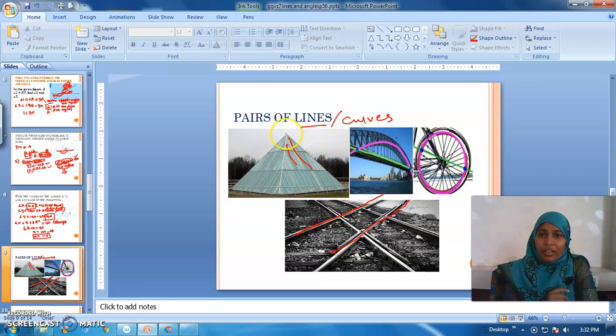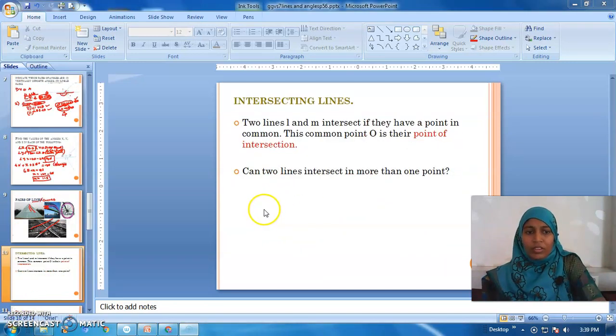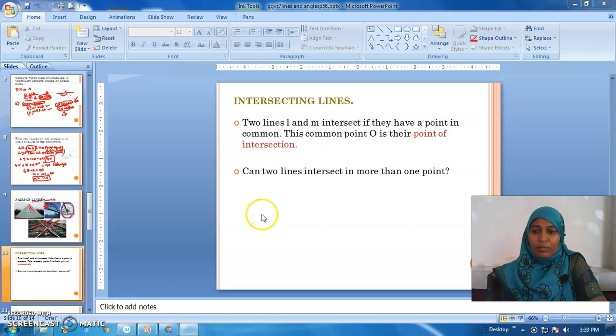But here, this and this are meeting each other. So, we have two types of lines. One is intersecting lines and another one is non-intersecting lines. If they are not intersecting lines, they are going to be parallel lines. Parallel lines will never intersect.